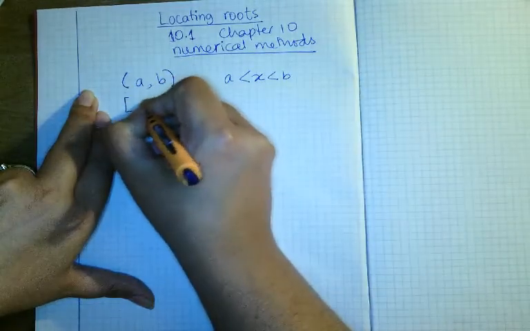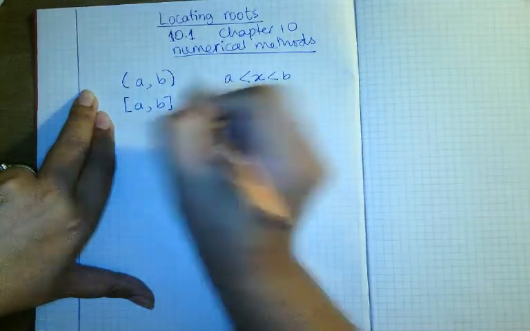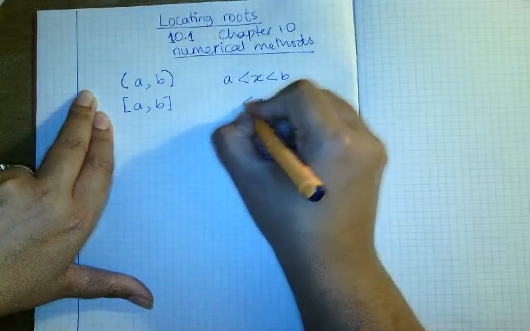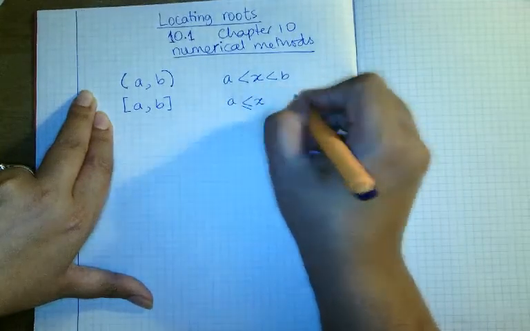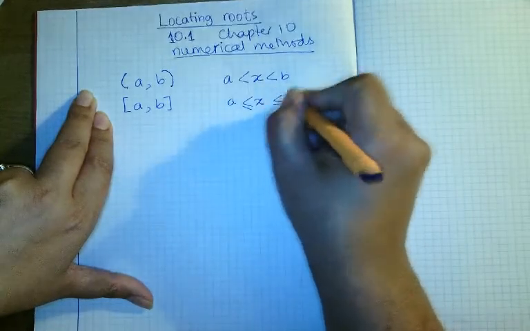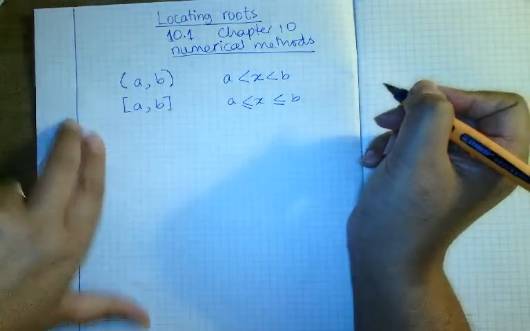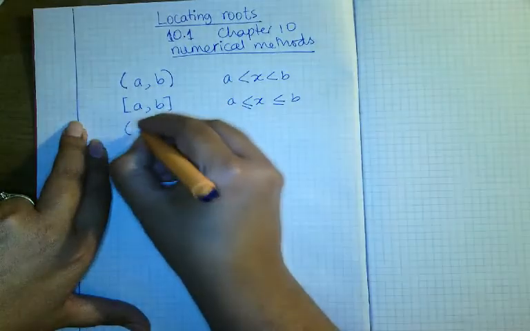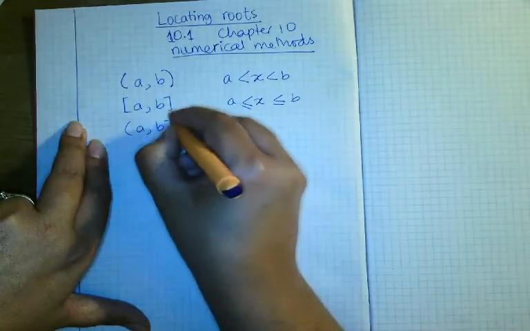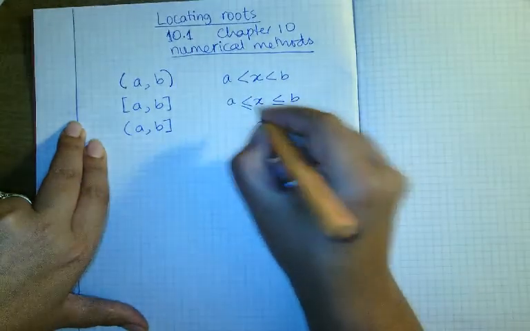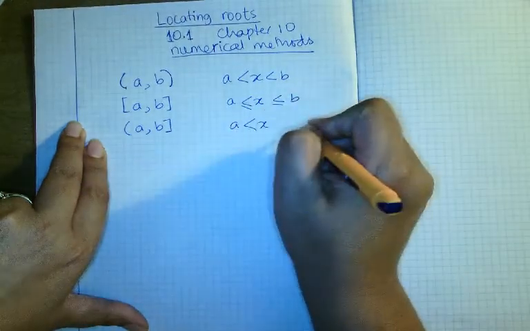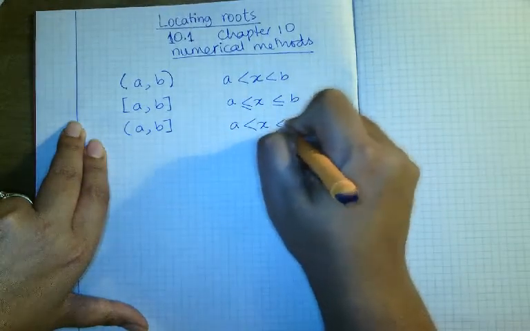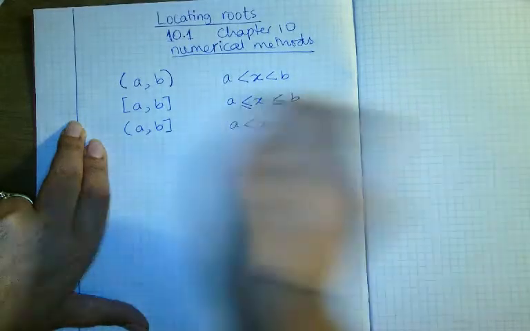But if you see anything like this, then this translates to x is greater than or equal to a but less than or equal to b. Sometimes you might also see a situation like this, and this means that x is greater than a but less than or equal to b.